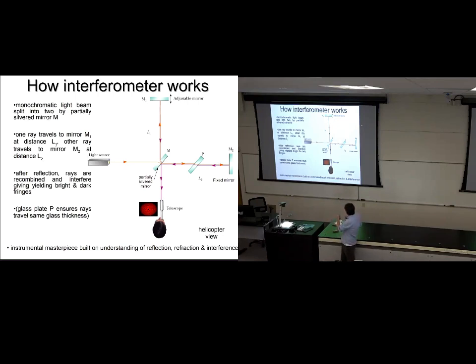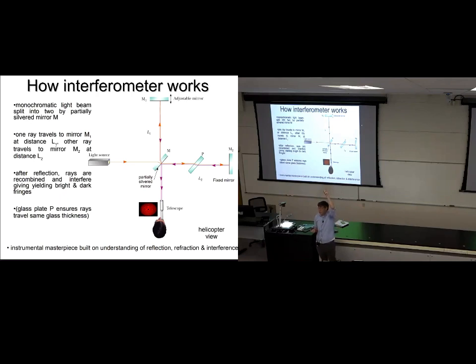Some of the light is reflected, and when it's reflected, it heads upwards, upstairs here. Some of the light that's transmitted carries on basically in the same direction, and it continues heading to the right here. So that's the first part of the interferometer, that splitting of the light into a beam that's going to go up towards the ceiling here, and another beam that's going to go over towards the right-hand side.